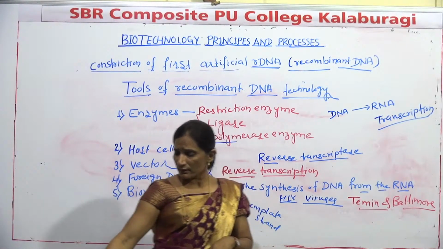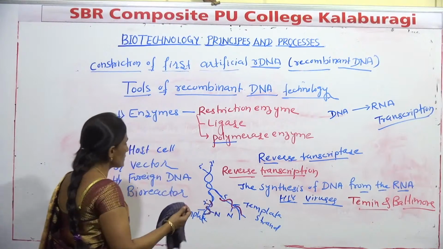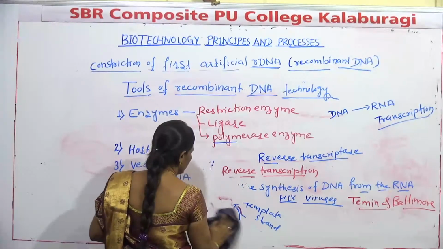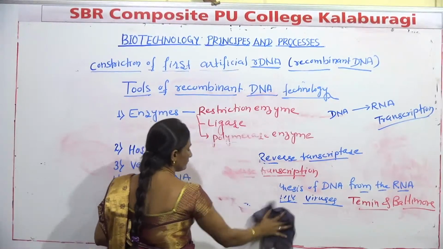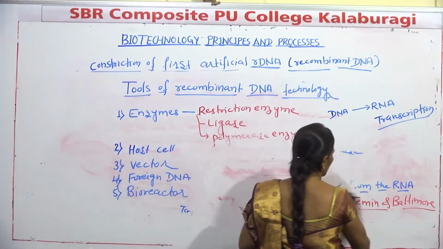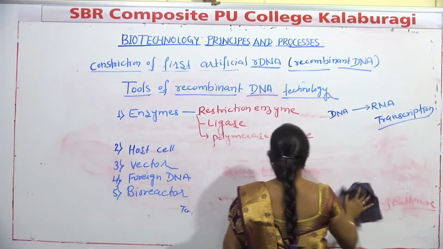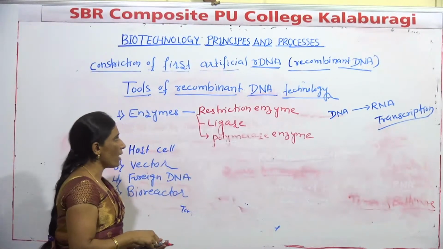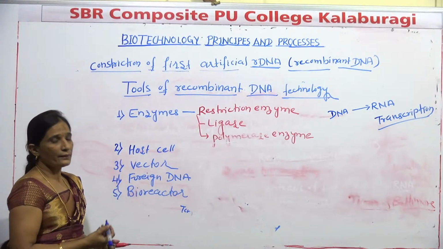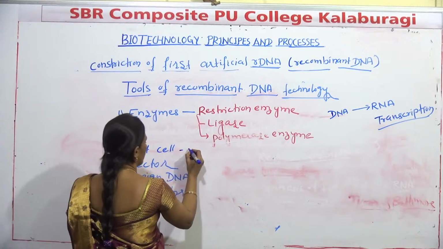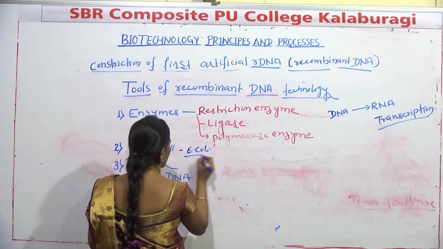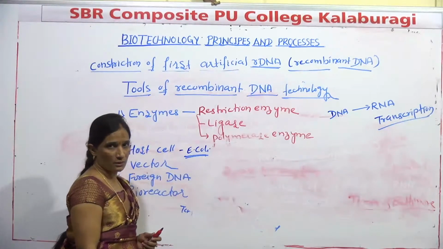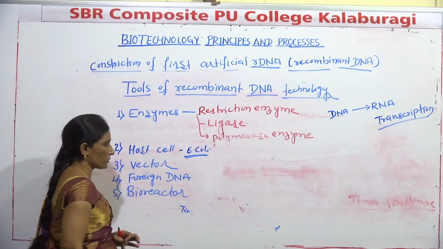The second one is the host cell. The host cell is also required for recombinant DNA technology. The E. coli bacterium is one of the most commonly used bacteria as a host cell.